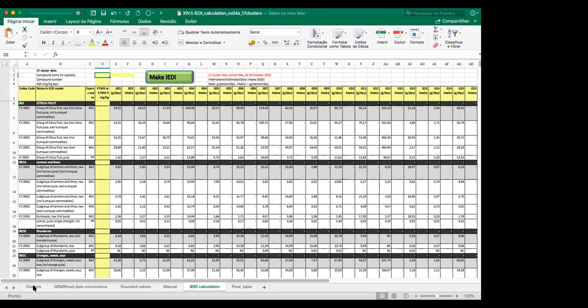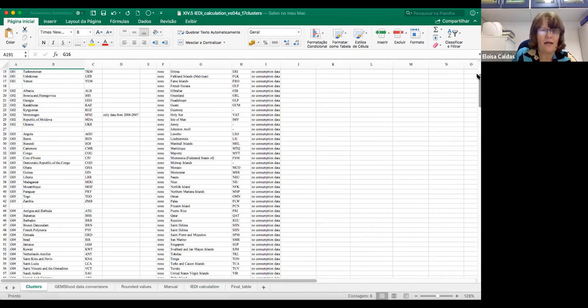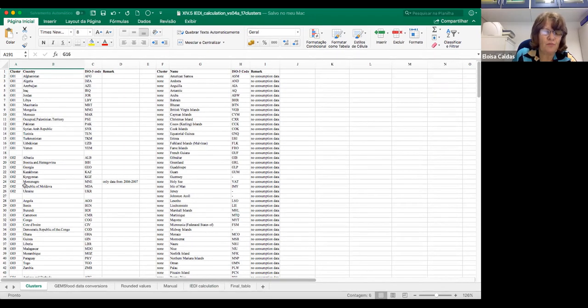Okay. And see, we have the cluster. For each cluster, you can see all the countries that are included. For example, cluster 1, G1, is Afghanistan, Libya, you have all the clusters. G2, Albania, all those countries there, Ukraine.